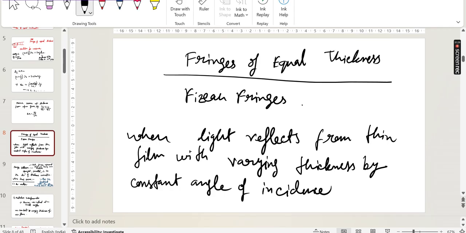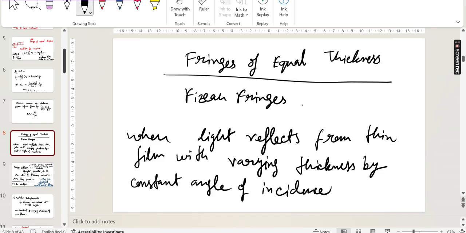And for one fringe, like the mth fringe or the m plus 1th fringe, the points in the same fringe represent the same thickness, but one point from the mth fringe and one point from the m plus 1th fringe represent different thickness.